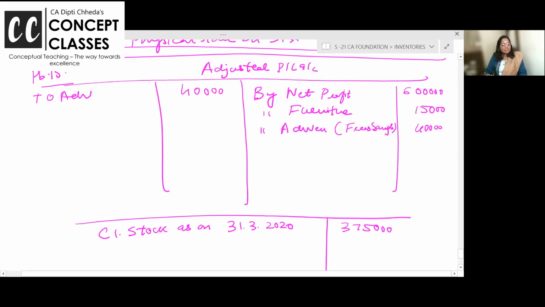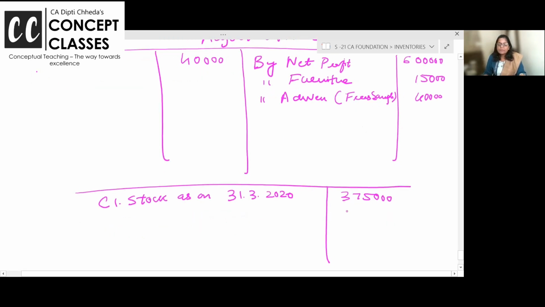Done? Okay, next. Invoice of goods 250 entered on 27th, but goods were not included in the stock. Invoice of goods amounting to 250 had been entered on 27th March, but goods were not included in closing stock. So now include 250.